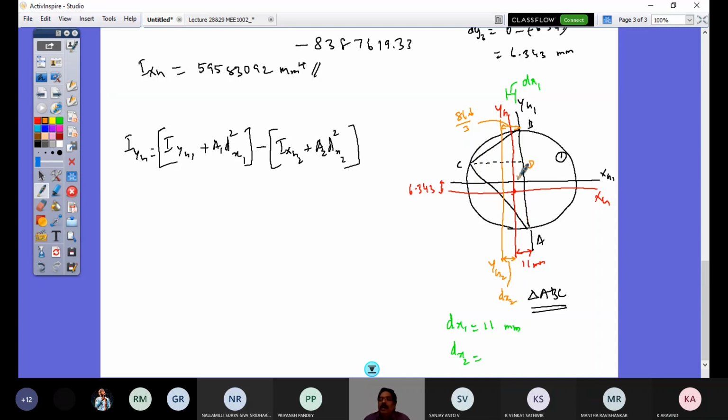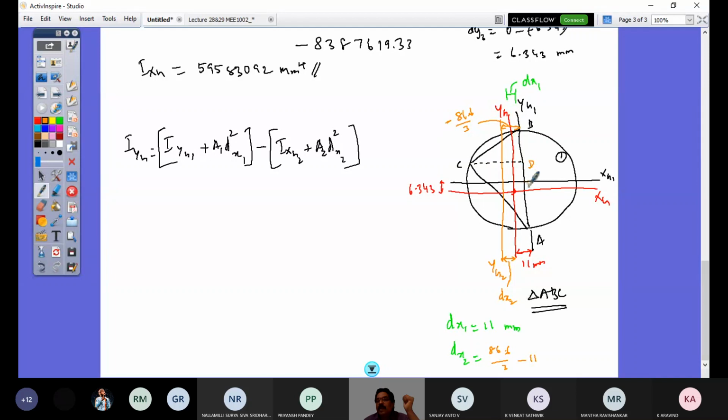So how do you get that? 86.6 by 3 minus 11, right? That is this 86.6 by 3, 86.6 by 3 minus 11 is what is going to give me this. Right, so how do I get this 86.6 from here? It is already minus this side. This side it's minus, right?